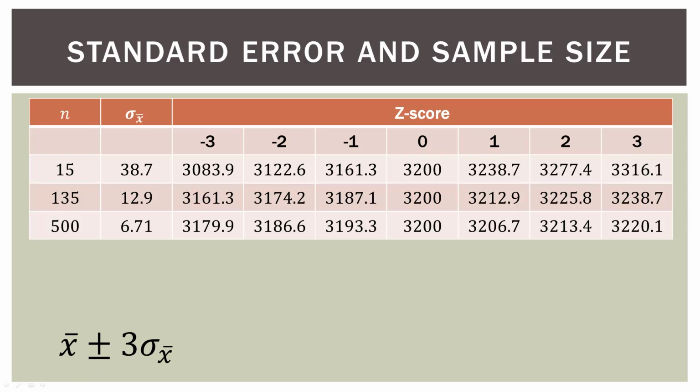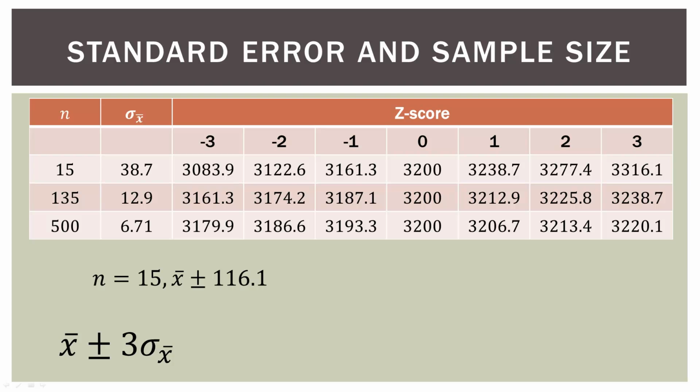Now we can think of these as the sample mean plus or minus 3 standard errors. That's exactly what we did in the previous slides and in this chart. So don't let those symbols freak you out. We're just figuring out the range from the end of this table. Now for the sample size of 15, the range, the furthest from the mean out to 3 standard deviations, it's 116.1.